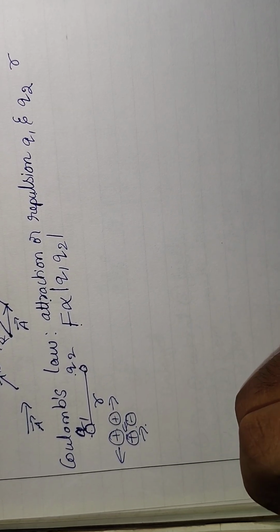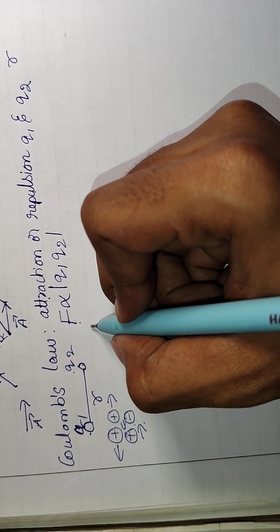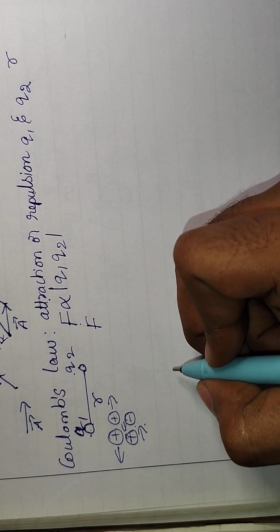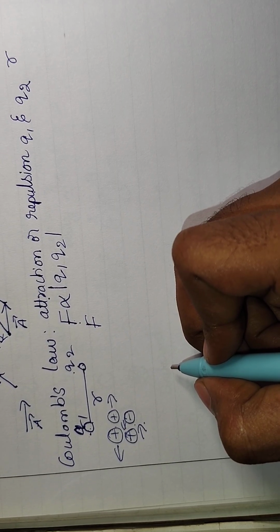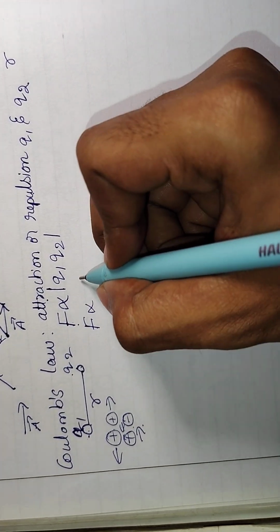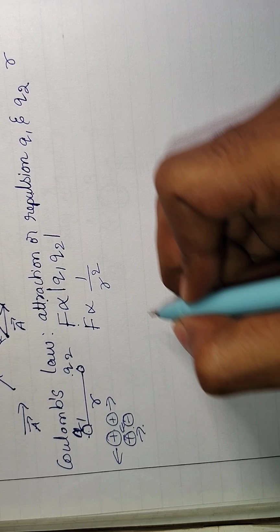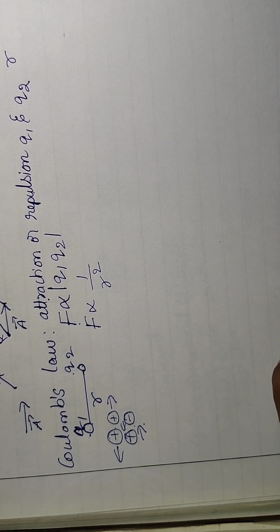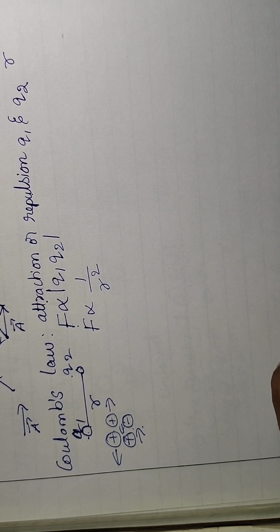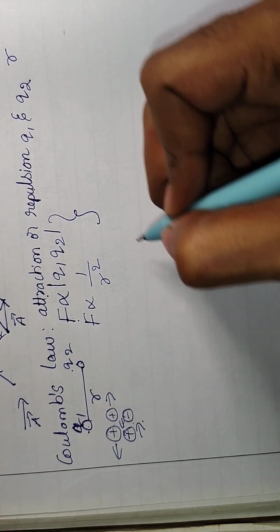That is the first quantity. And it is also observed that this electrostatic force is inversely proportional to the square of the distance between the two charges. So now combine these two equations.